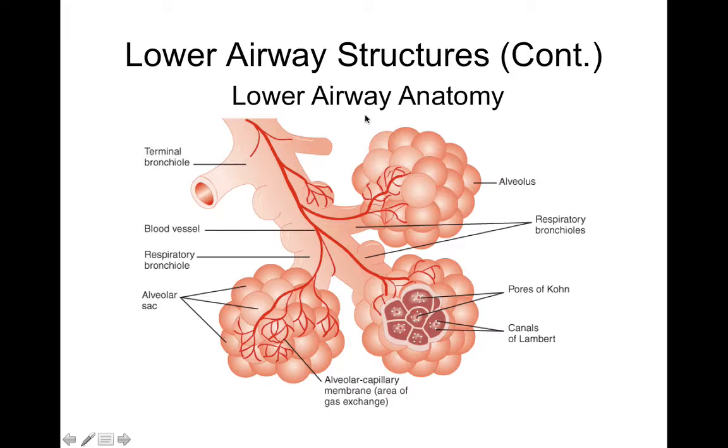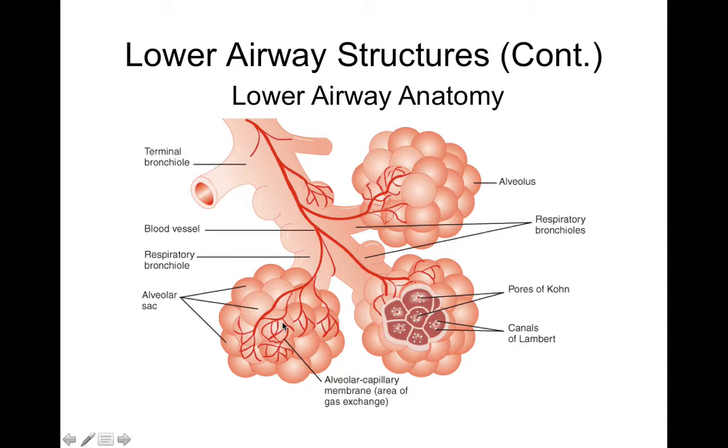Those pulmonary arteries eventually branch into smaller and smaller vessels that lead into capillaries that surround the alveolus. Those capillaries are involved in gas exchange, so you can absorb oxygen from the air in the alveolus and eliminate carbon dioxide from your blood in the capillaries into the alveolus. And so gas exchange occurs mostly in the alveoli.